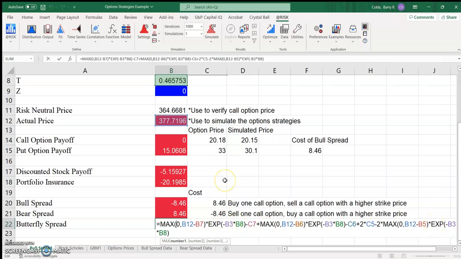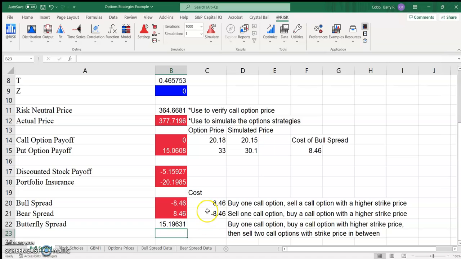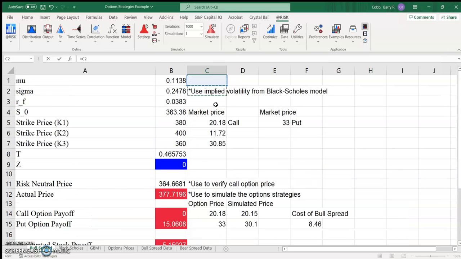And so that is the butterfly spread. If we just look here at the cost, just to analyze that part, we purchase the low strike price option, we purchase the high strike price option, but this is offset by 2 times the price of the option that we're selling.